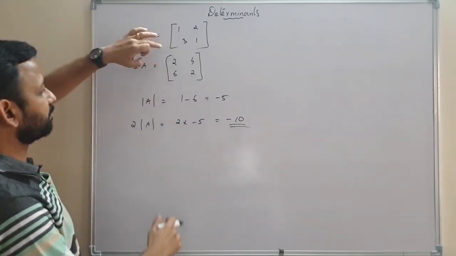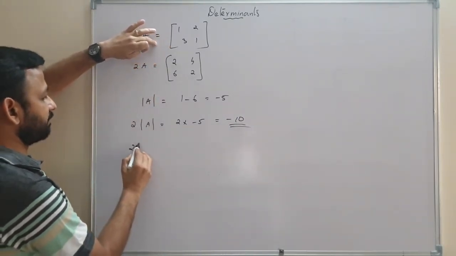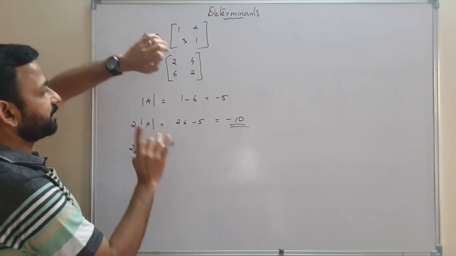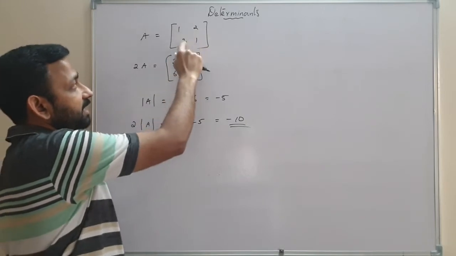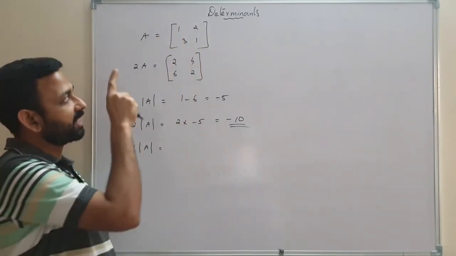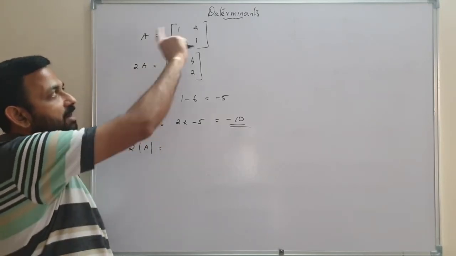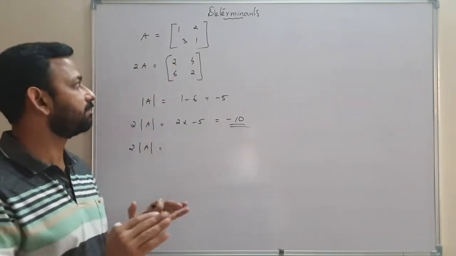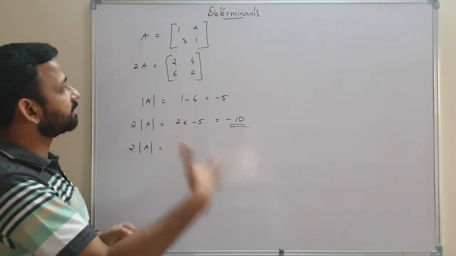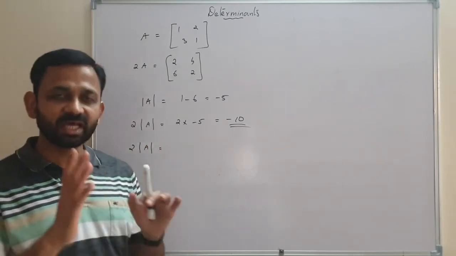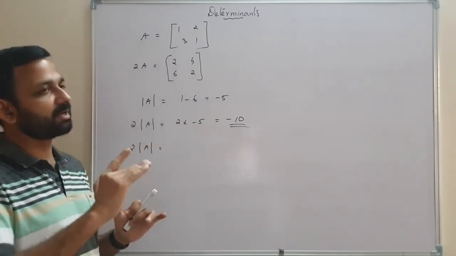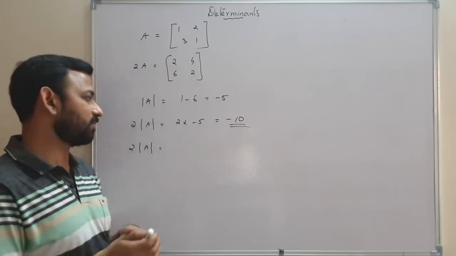So if you want to multiply a determinant by 2, 2 into determinant A, we will not multiply each and every element by 2. If you multiply a matrix by a scalar quantity, we have to multiply each and every element by that scalar quantity. But if we multiply a determinant by a scalar quantity, we need to multiply any one row or any one column by that scalar quantity.